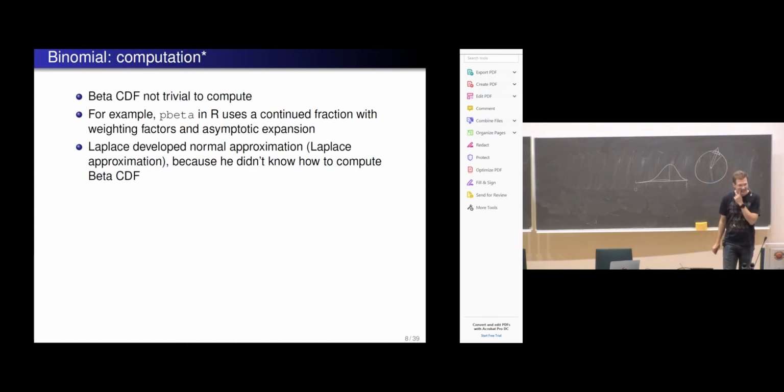In R, the pbeta function uses continued fractions with weighting factors and asymptotic expansion, and what is used also depends on the accuracy of floating point numbers.